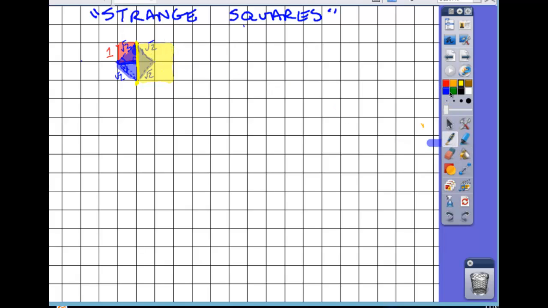And of course, yellow is not really going to work for me. That square has sides of 2, which means the area is 4. So, first square red, area of 1. Second square blue, area of 2. Third square yellow, area of 4.